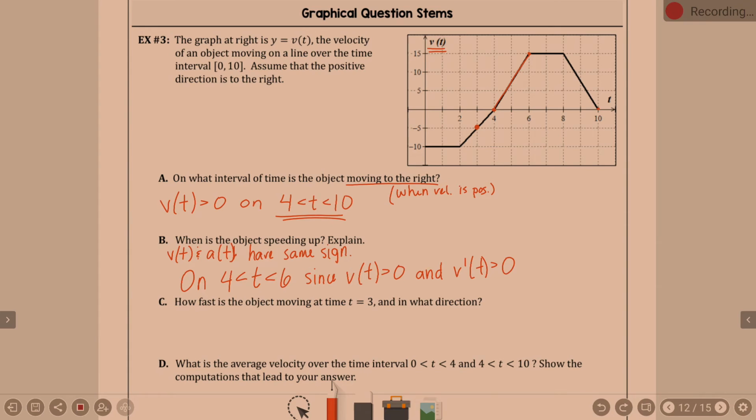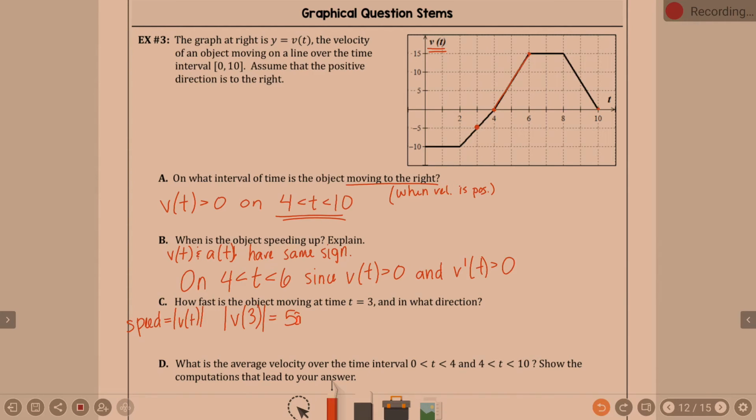So positive 5 or negative 5? I'm hearing both. Negative is absolutely fine, but it'll be positive because speed is the absolute value of v of t. If they're asking how fast something is going, we are asking speed. So we want the absolute value of v of 3, which is the absolute value of negative 5, which is positive 5, yes?